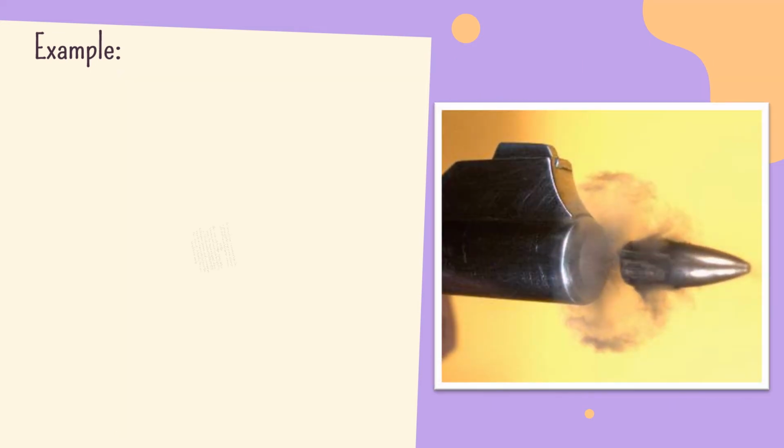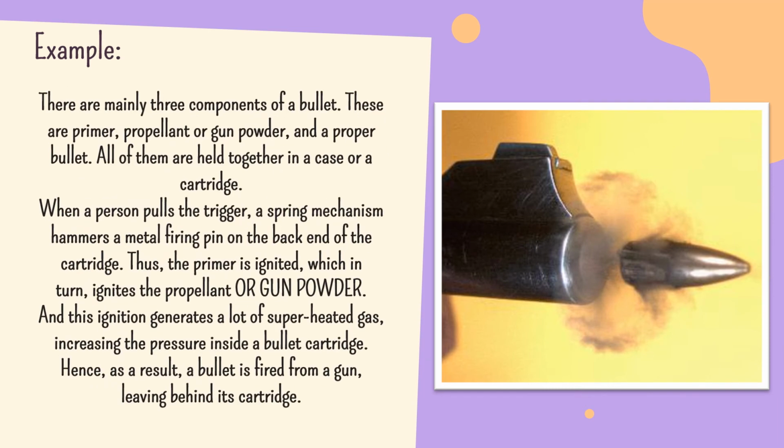Another example is the firing of a gun. There are mainly three components of a bullet: the primer, the propellant or gunpowder, and the projectile. All of them are held together in a case or cartridge. When a person pulls the trigger, a spring mechanism hammers the metal firing pin on the back end of the cartridge.